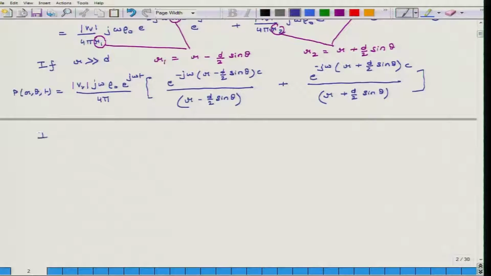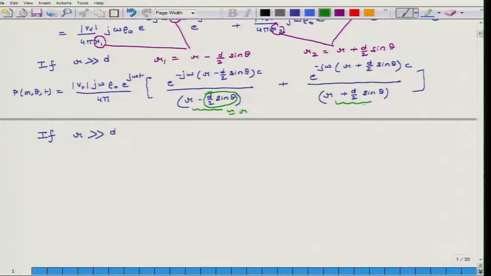Now, if r is extremely large compared to d, then in this term, d over 2 sin theta, the maximum value of sin theta is 1. So, the product of d over 2 and sin theta can never exceed d over 2, and if r is extremely large compared to d, then this can be approximated as r.